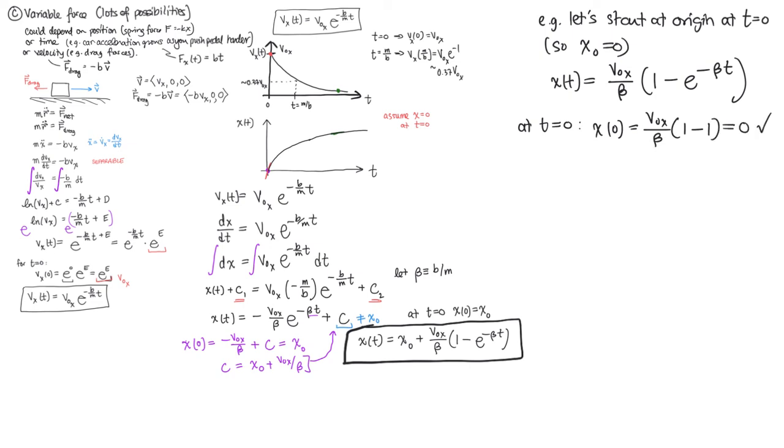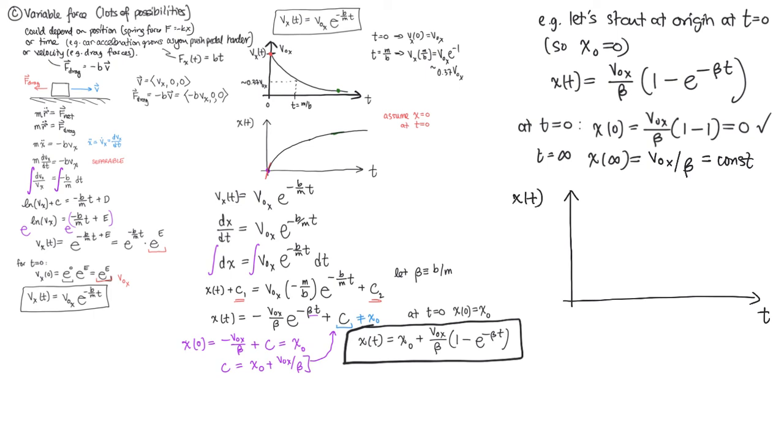So that checks out. And how about at t equals infinity? Well, as t approaches infinity, this exponential fades away, and we're left with a constant. So our position is going to exponentially approach, but never quite reach this constant. So we can make a plot of this in the following way. We have time on the horizontal axis, and we have the position as a function of time.